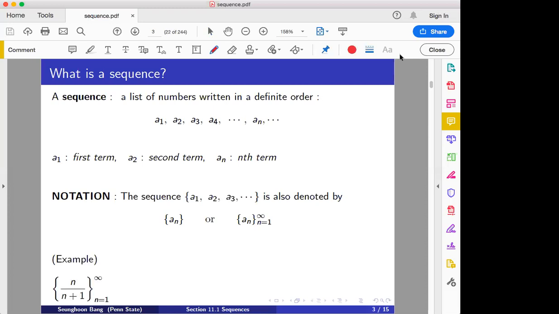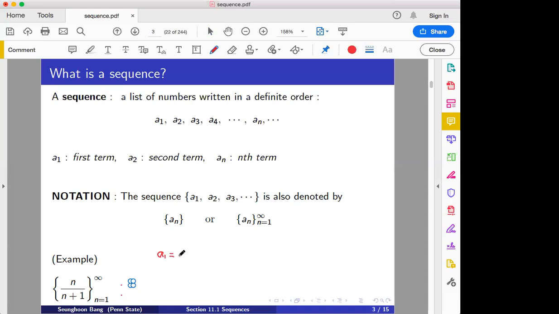Example: n over n plus 1, from n equal to 1 to infinity. What does this list of numbers look like? We can write it like this. What is a1?